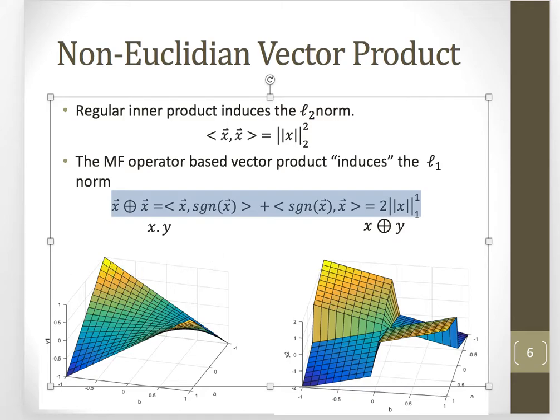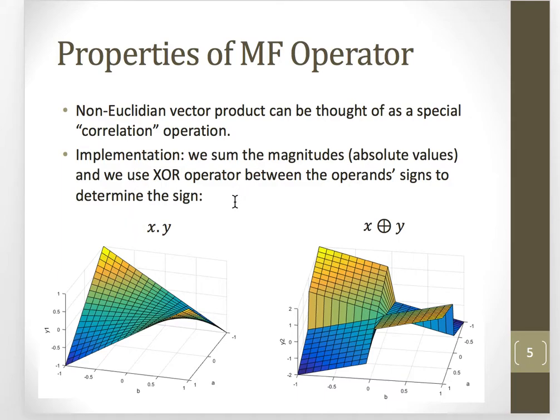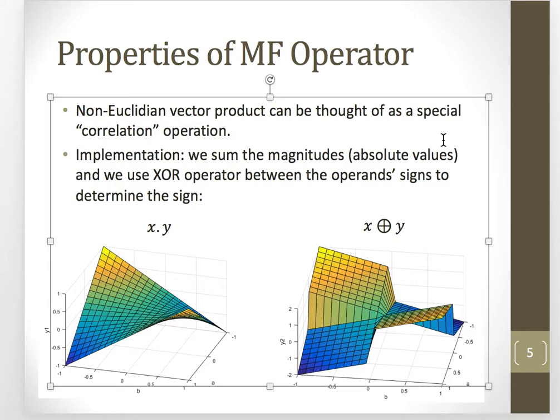And as I just pointed out, we don't perform any multiplications. Actually, during the implementation, we sum the magnitudes and we use the XOR operators between the operands' signs to determine the final sign. And so we have some sort of a correlation operation here. So this non-Euclidean vector product can be thought of as a special form of correlation operation.